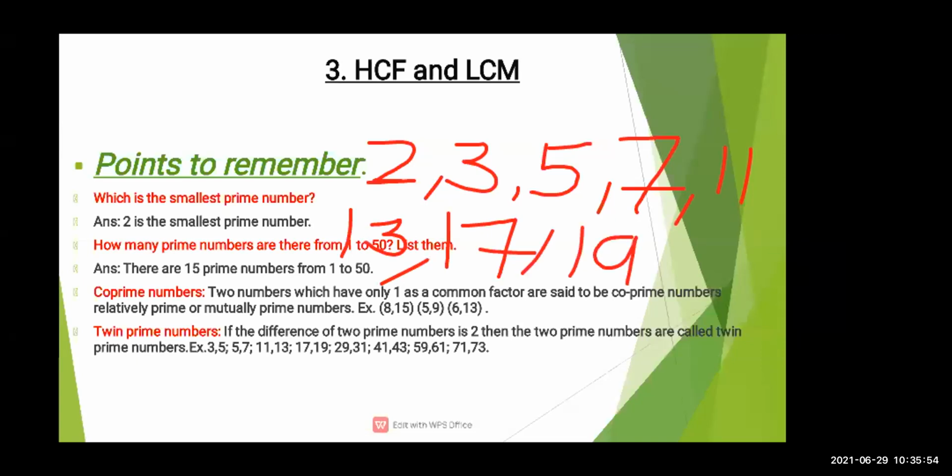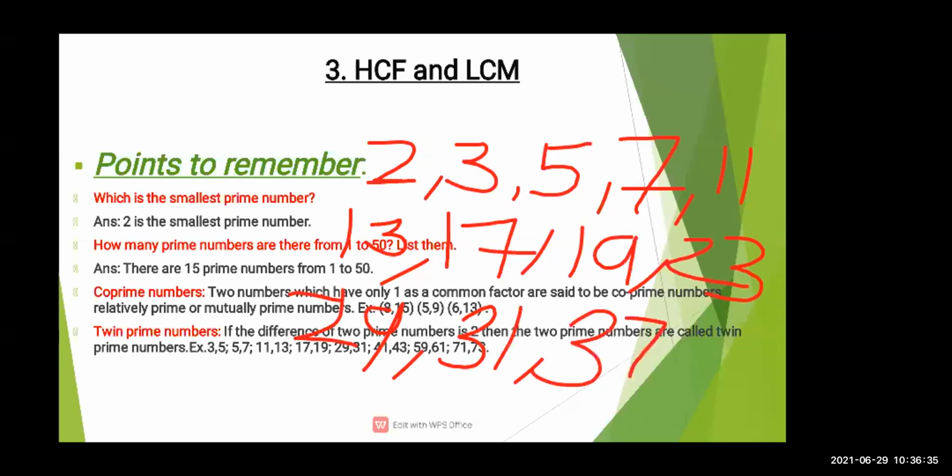See, step by step, हमको directly jump नहीं करना है. Is it clear? After 19, 23. After 23, 29. After 29, 31. After 31, 37. I am getting answers from the students only.